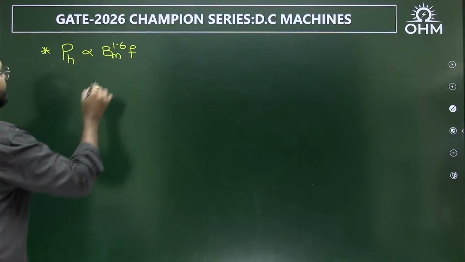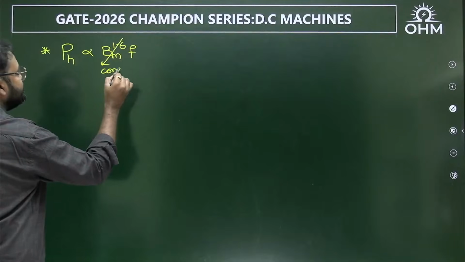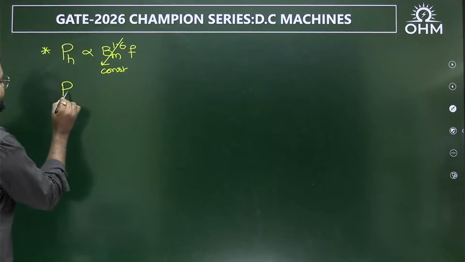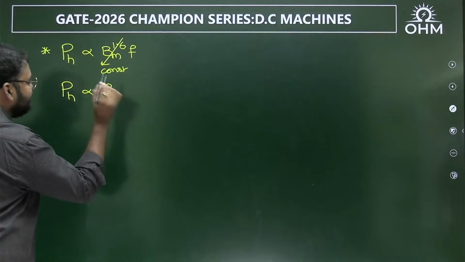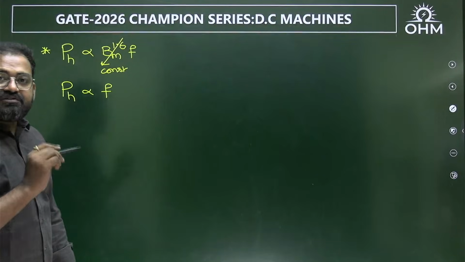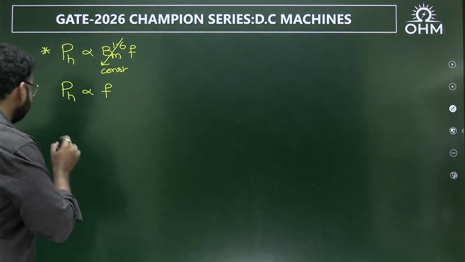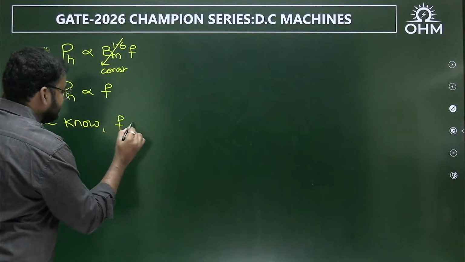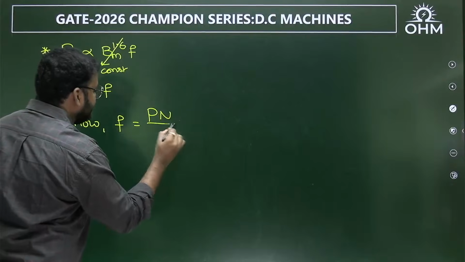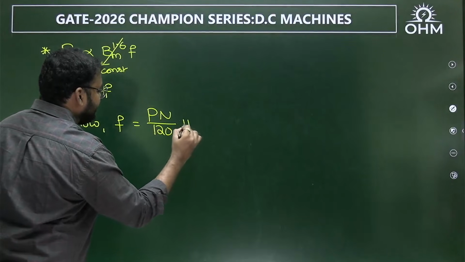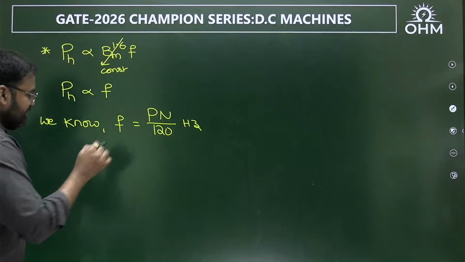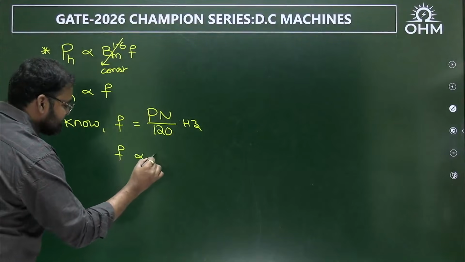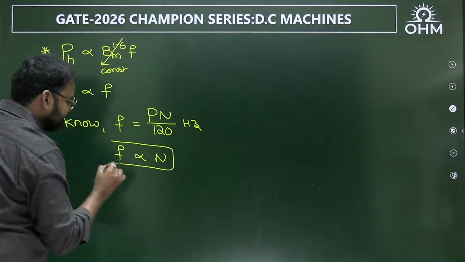That means, can I write B is a constant value? Therefore, hysteresis loss is only proportional to frequency. And what is the formula for frequency of induced EMF? We know the frequency formula in DC generator is equal to Pn by 120, where n is the speed. From this formula, frequency is directly proportional to speed.